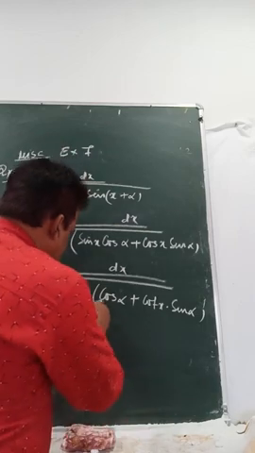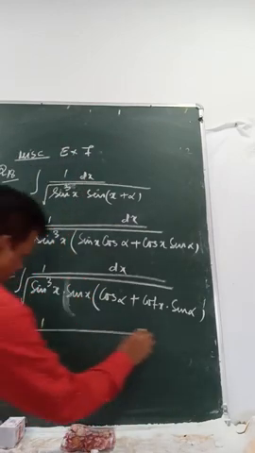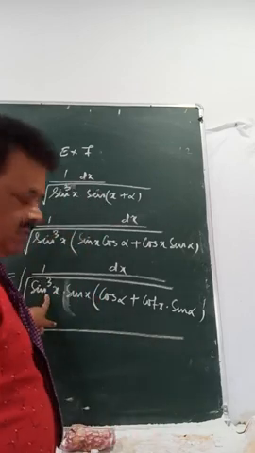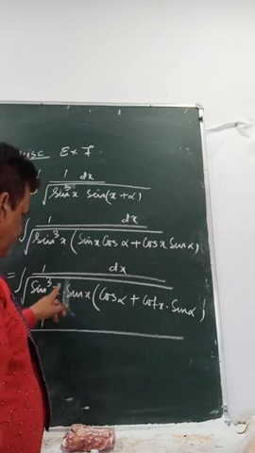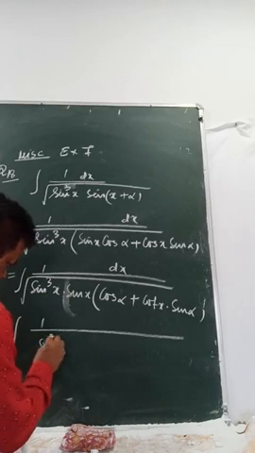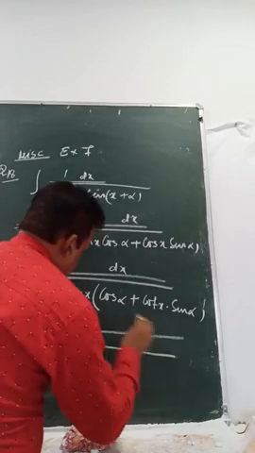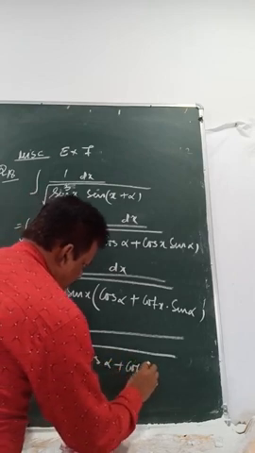So let's take this as one more step to simplify. Sin cube x, sin x, sin 4th x, that is square root of sin square x, times the square root of cos alpha plus cot x sin alpha.